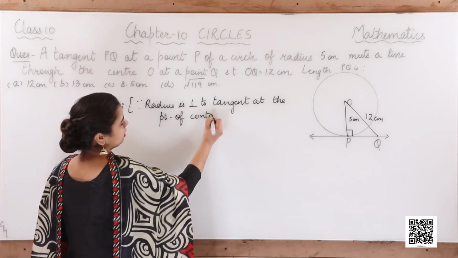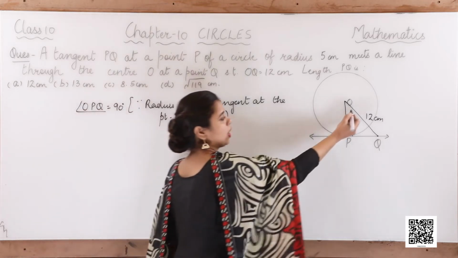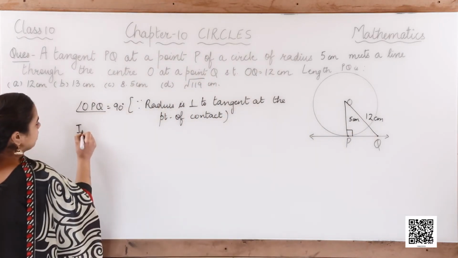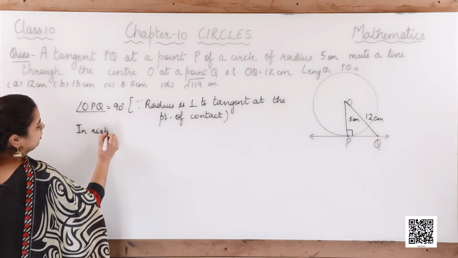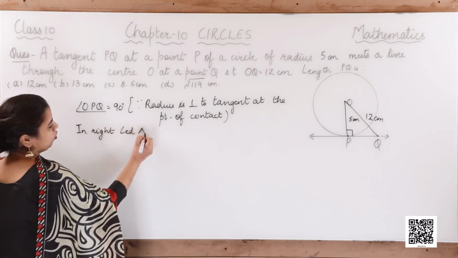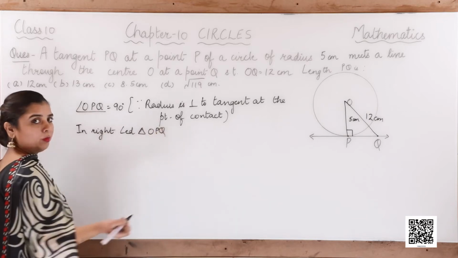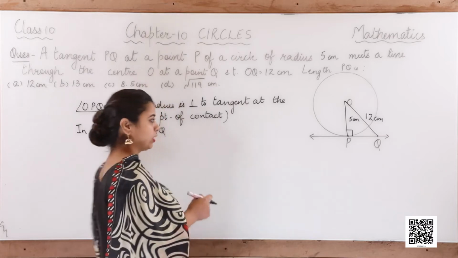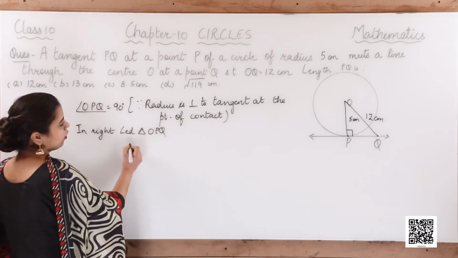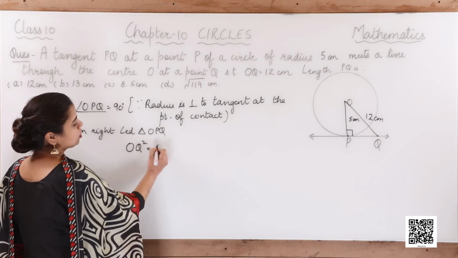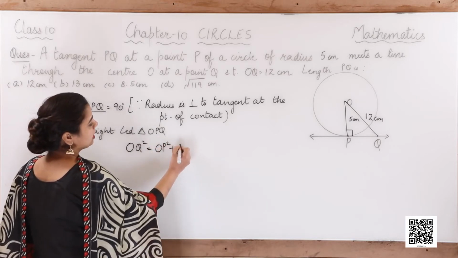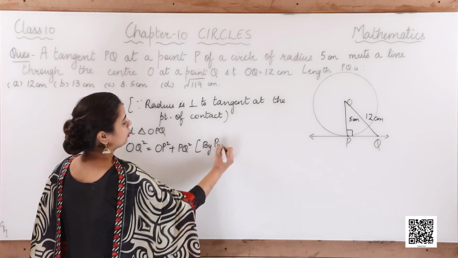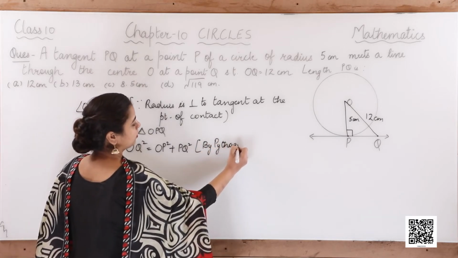Now if this is 90 degrees, can we say that this triangle is a right angled triangle? Yes. So in right angled triangle OPQ, we use the Pythagoras property, which says that the square of the hypotenuse is equal to the sum of squares of the legs of the triangle. So this is by Pythagoras property or Pythagoras theorem.